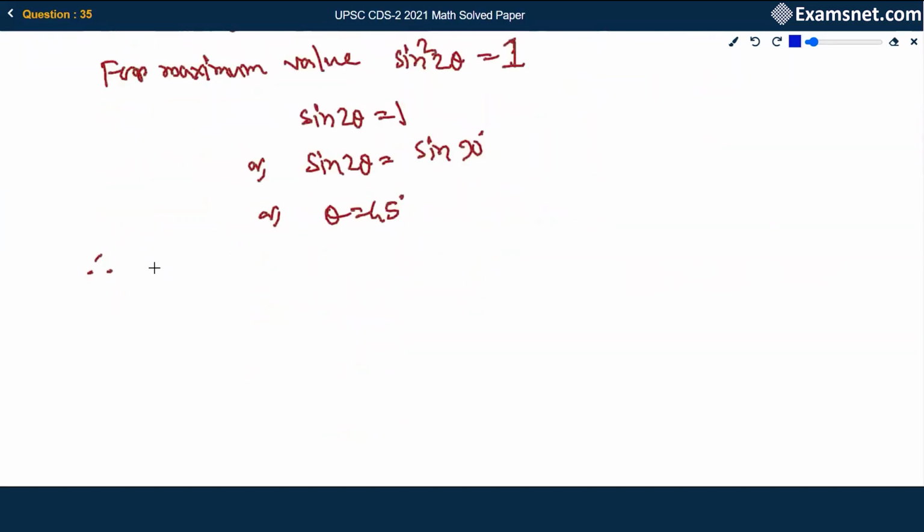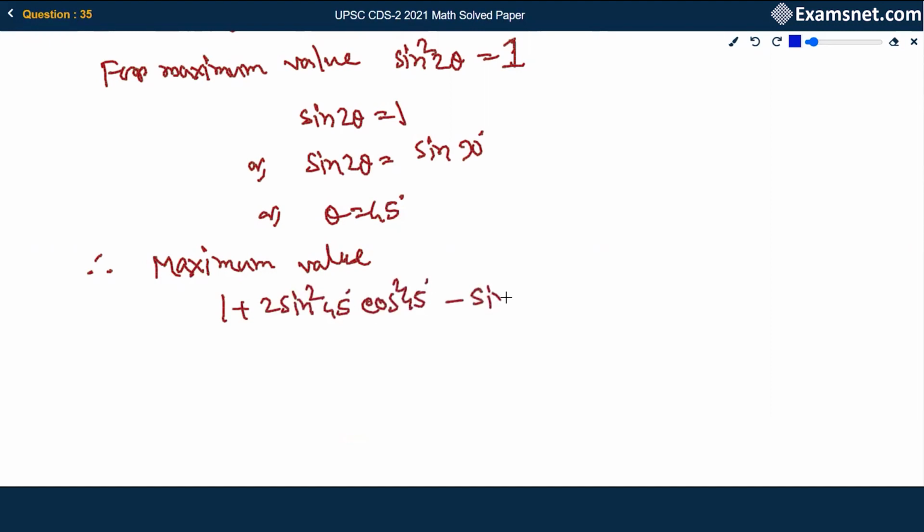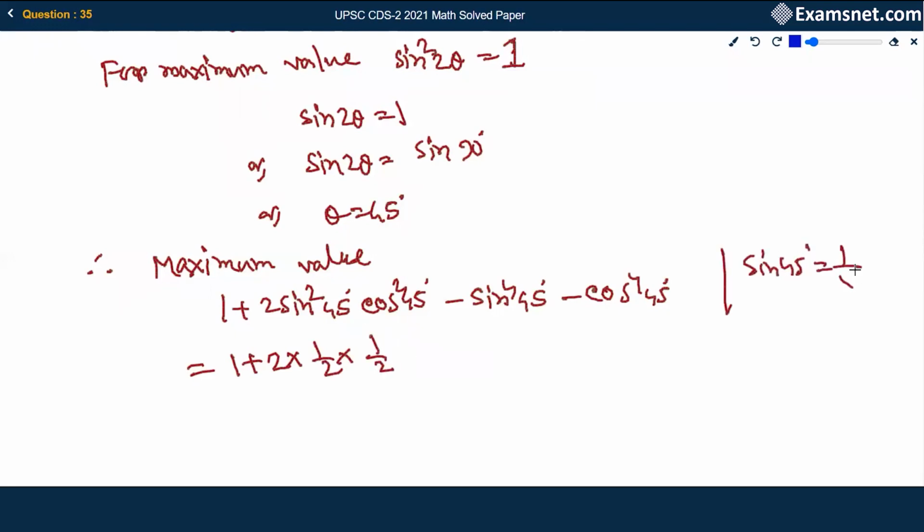Therefore, the maximum value will be at 45 degrees. So 1 plus 2 sine square 45 degree cos square 45 degree minus sine to the power 4 45 degree minus cos to the power 4 45 degree. Sine square is half, because we know sine 45 degree gives us the value 1 by root 2.